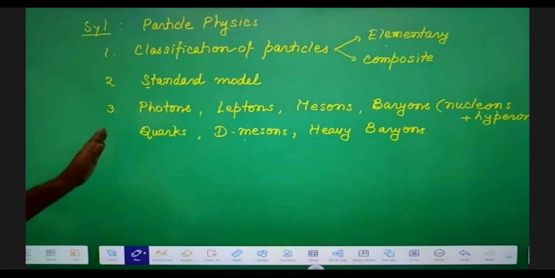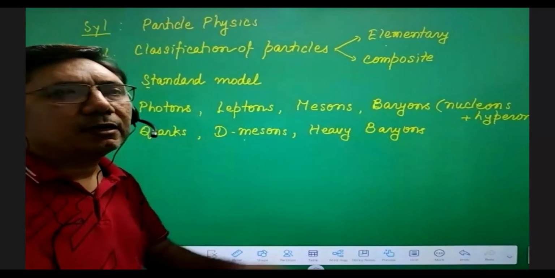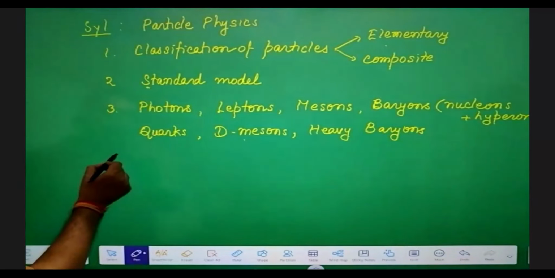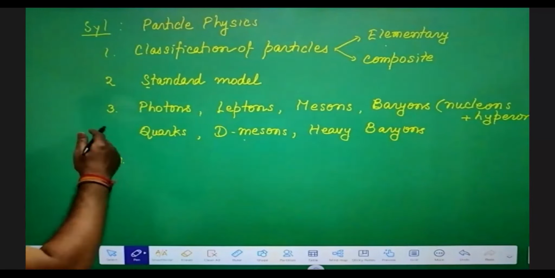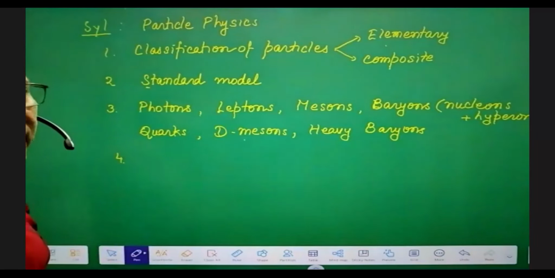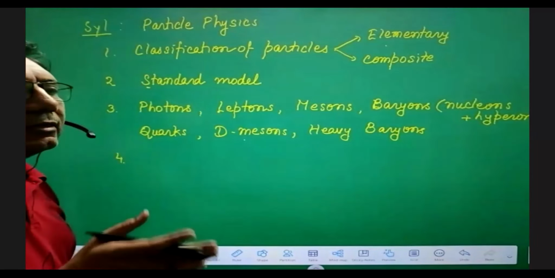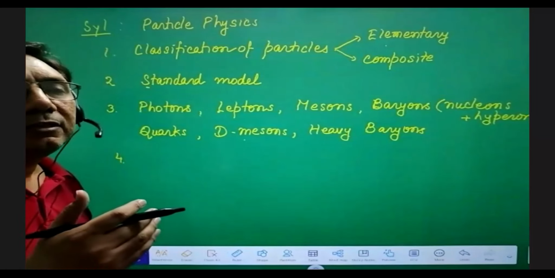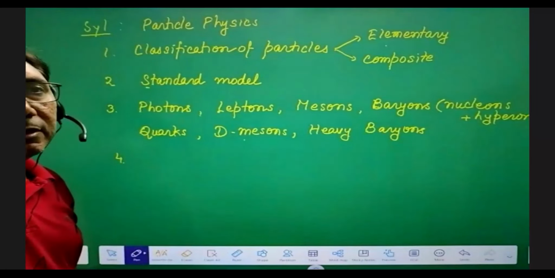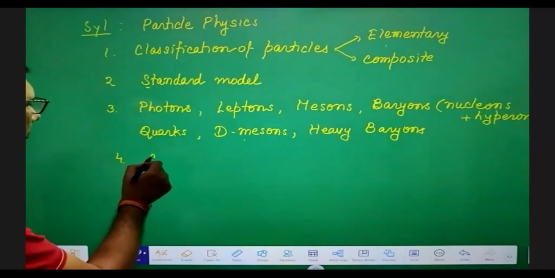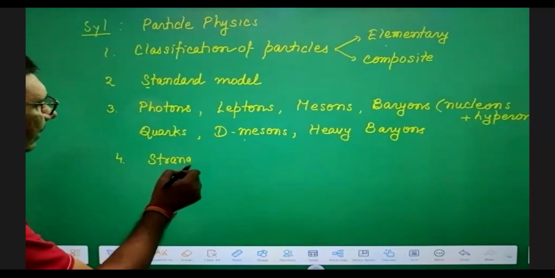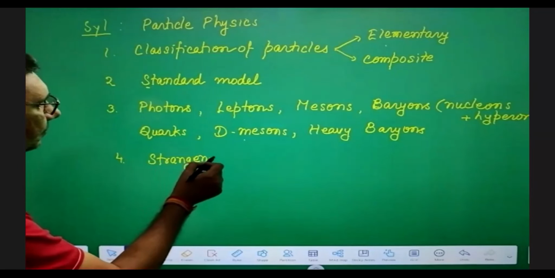Now, with all these categories, some numbers are associated. For example, with leptons, you are having lepton numbers. So different types of numbers I am going to mention here one by one. But some of the numbers are there which you have to understand. You need more understanding of those numbers, particularly strangeness number.